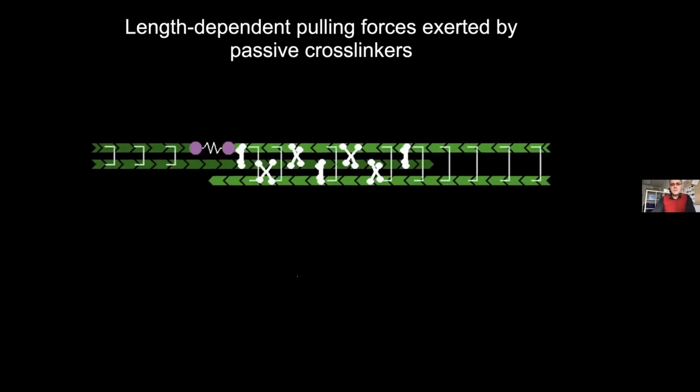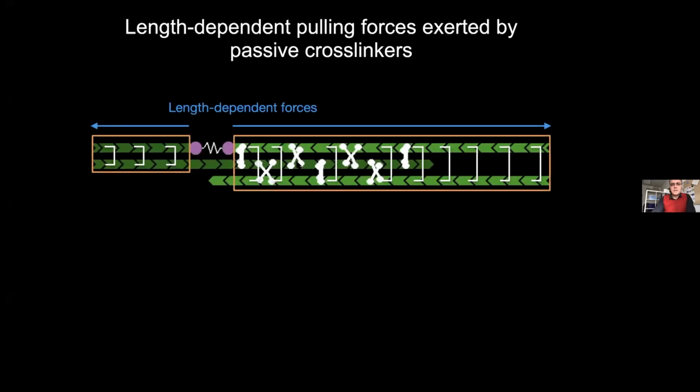In addition to these active proteins or motor proteins, there are also these passive cross-linkers. These passive cross-linkers are now linking not antiparallel regions, but parallel regions like this one here, or parallel regions like this one here.